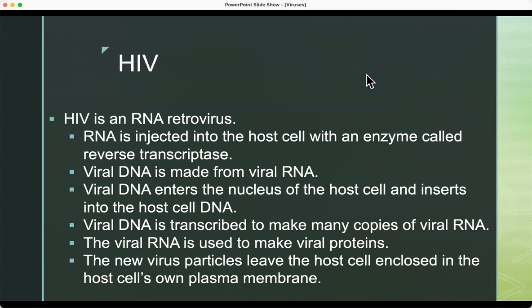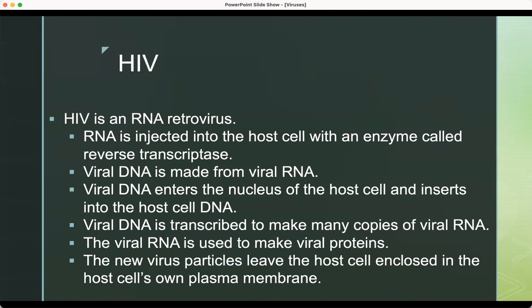So now we are going to look at HIV. So HIV, human immunodeficiency virus, actually started in apes in Africa, and in primates, it's actually in monkeys as well. In primates, it's called SIV, simian immunodeficiency virus.